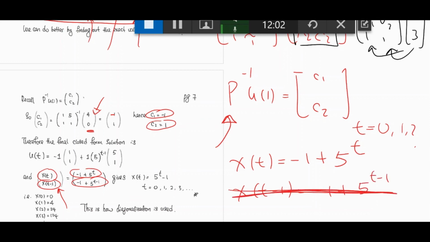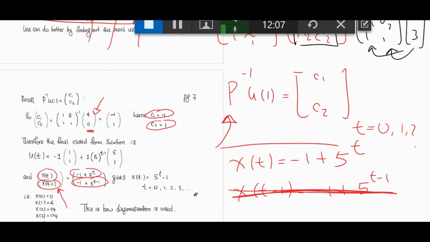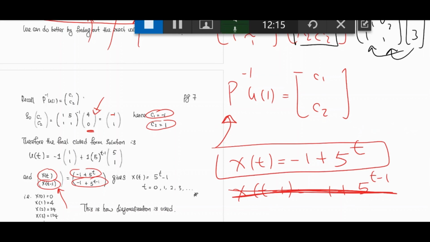So you have this as our formula. Okay, and the t here starts from 0, 1, 2, and so on and so forth. We don't really need the second one. You just take a look at this. This is our closed form formula. This is our closed form solution. Our xt now no longer depends on the previous steps. And that is our closed form solution.